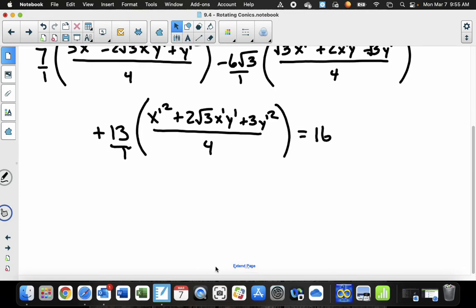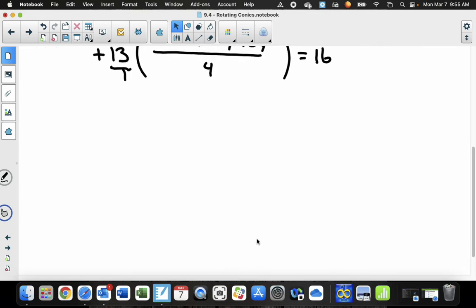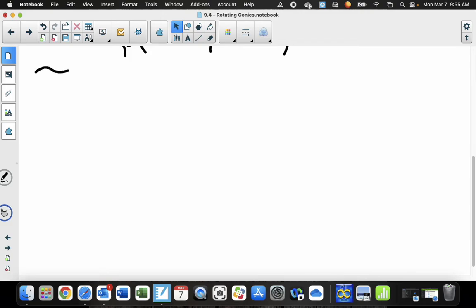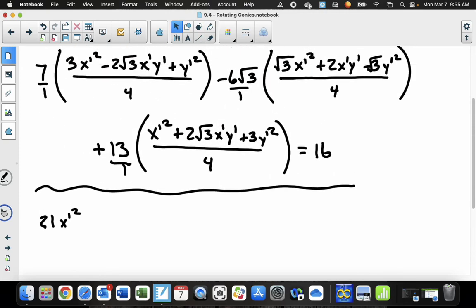So in this case, when we do that, you end up with 21 x prime squared. When we multiply the 7 times the radical, since it's not under a square root, you just multiply the number in front. So 7 times that negative 2 square root of 3 is negative 14 square root of 3. Can you remember what you just did? Yeah, the 21, I just took the 7 times that.